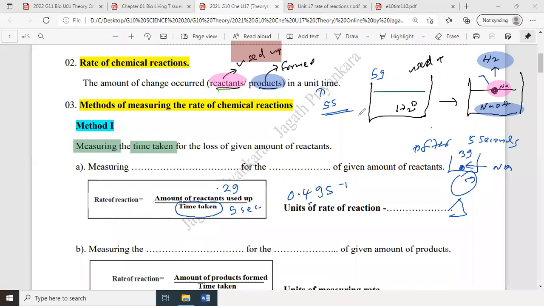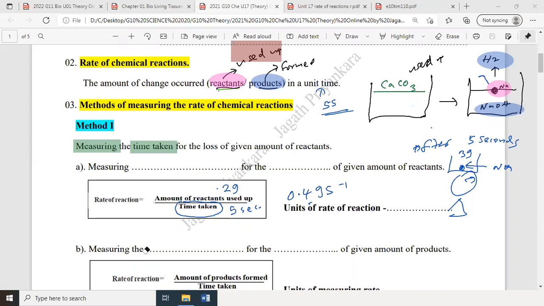Or else you put, for example, an iron nail. Iron nail has got rusted, then you remove the rust and check the clean iron nail's weight again, then you can decide how many grams of rust formed from the iron nail, like that. So different methods you can use for this. You can check the weight. Sometimes you use calcium carbonate. You put calcium carbonate and HCl.